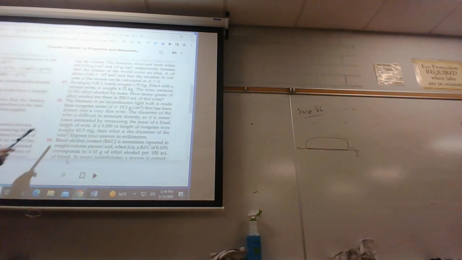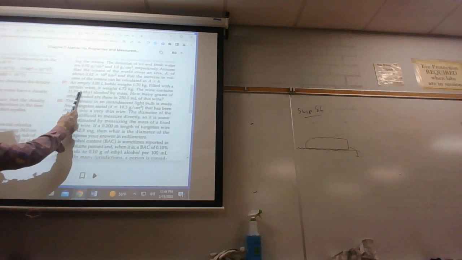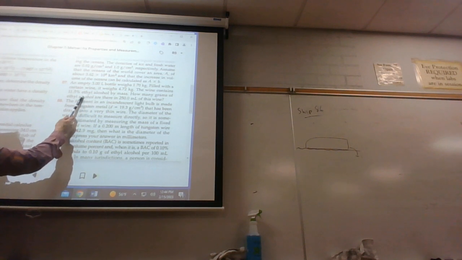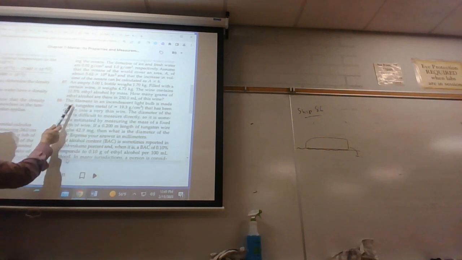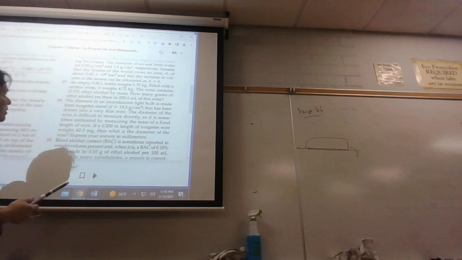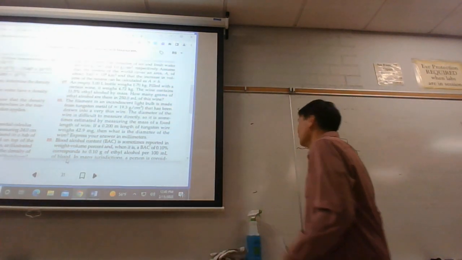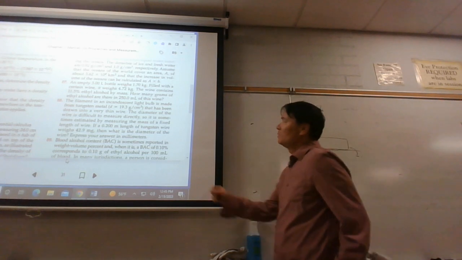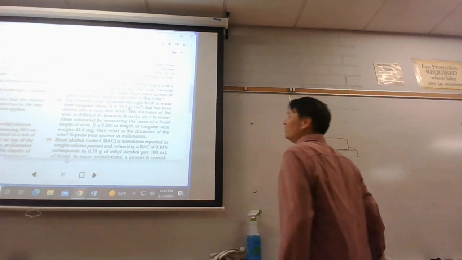An empty 3.00 liter bottle weighs 1.70 kilograms. Filled with a certain wine, it weighs 4.72 kilograms. The wine contains 11.5% ethyl alcohol by mass. How many grams of ethyl alcohol are there in 250 milliliters of this wine? So in this particular problem, we'll have an empty bottle and then a bottle filled with wine.